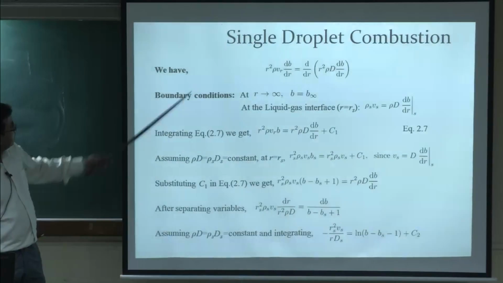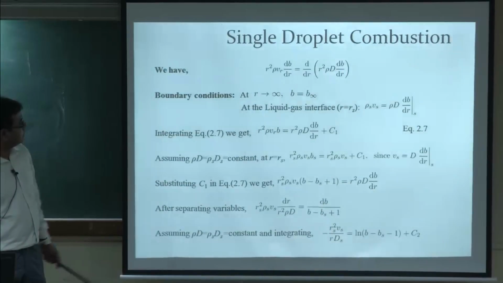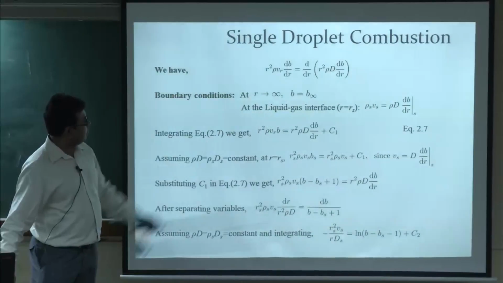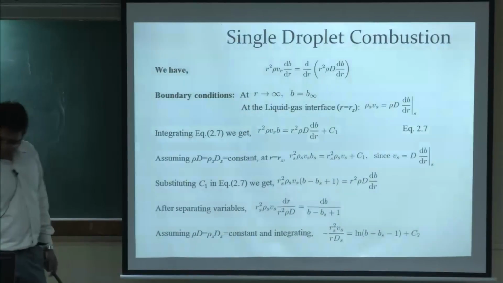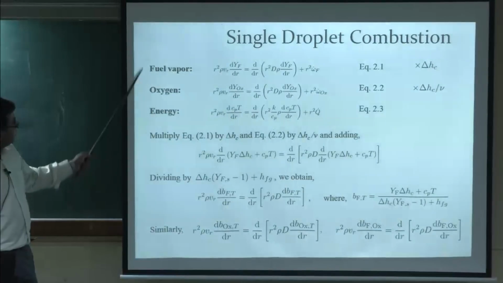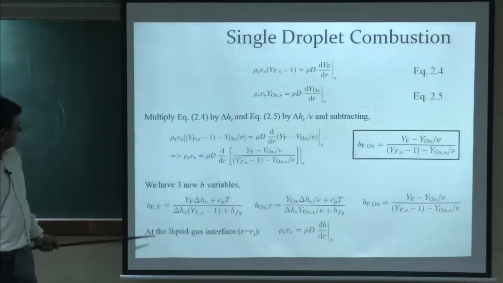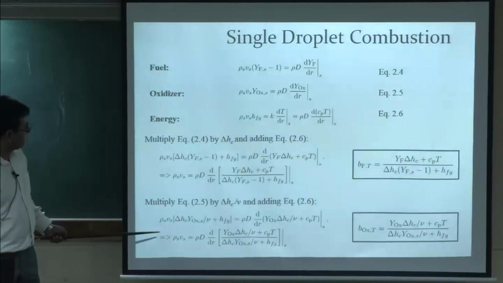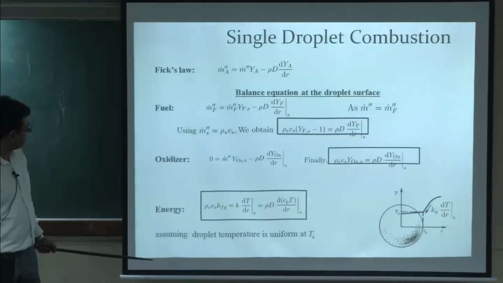and if you integrate these equations and apply the boundary conditions, at r equal to infinity we have this parameter b. The parameter b could be different based on the equation that you are considering, right.